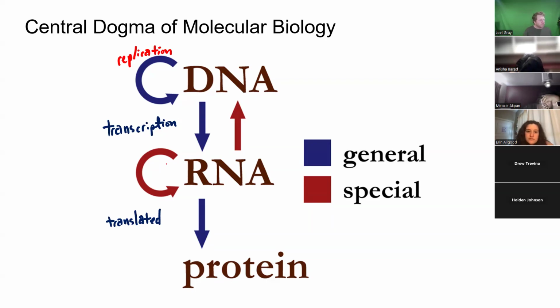This arrow that goes RNA to RNA, well, RNA has catalytic activity and can carry out specific chemical reactions itself. And then RNA can be converted from itself to DNA through reverse transcription.